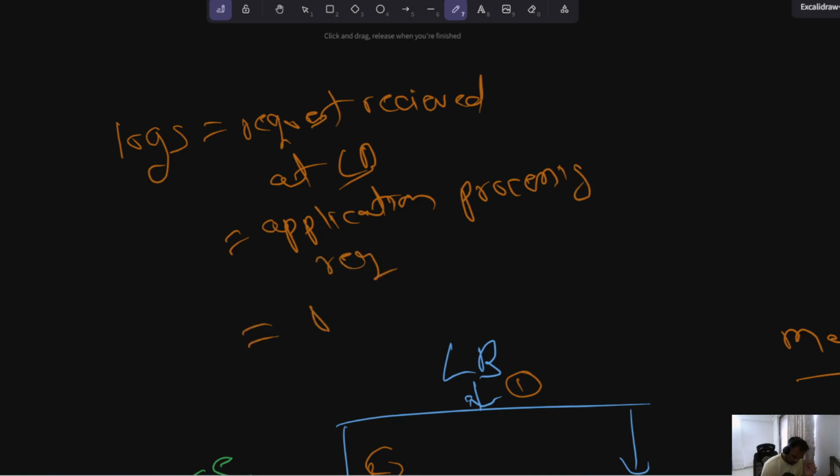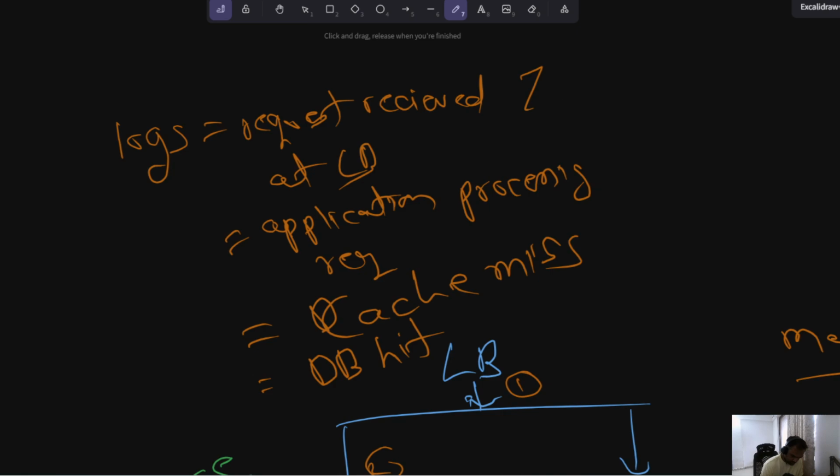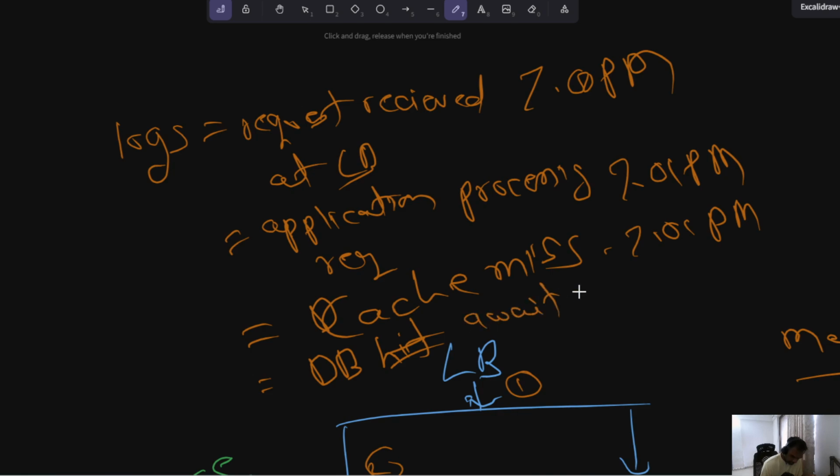Then cache miss, and then the last DB hit. So this log is printed at say 7:00 p.m., then this is at 7:01 p.m. Cache miss is also at 7:01 p.m. And then let's say instead of DB hit, we get a DB await. This is at 7:01 p.m.